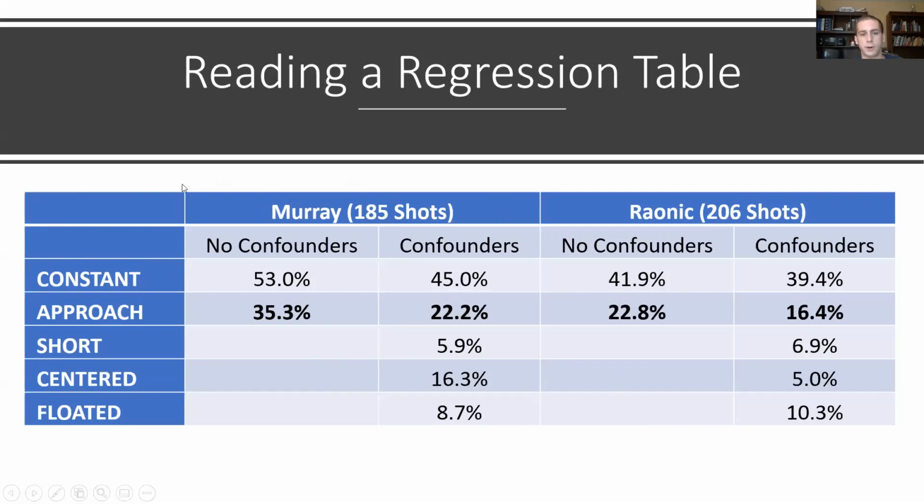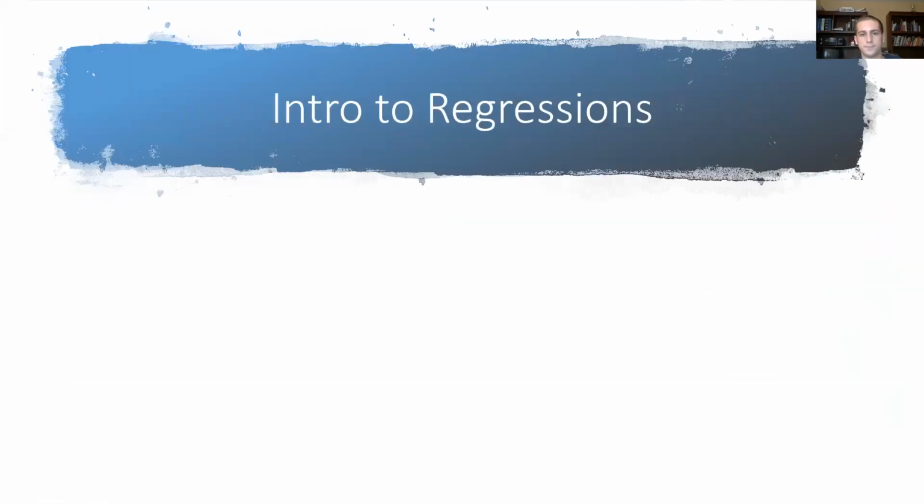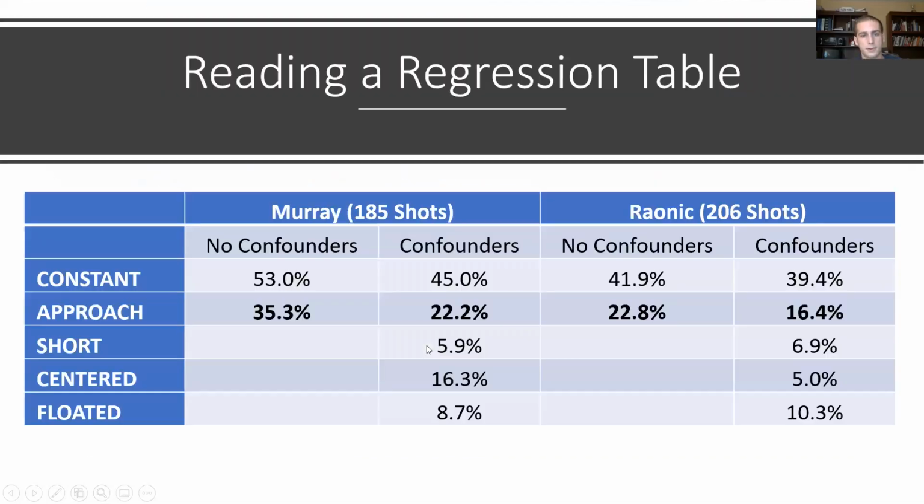So if we look at the Murray regressions, again, there's 185 rally shots, if you remember a couple slides back. We're just going to look at regression 1 for Murray, the one with no confounders. So it's just constant and approach.